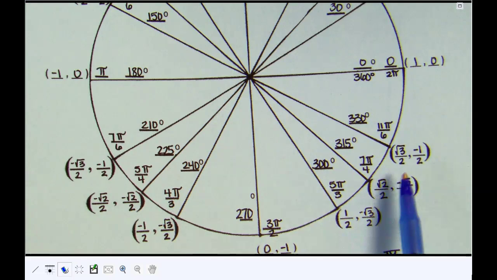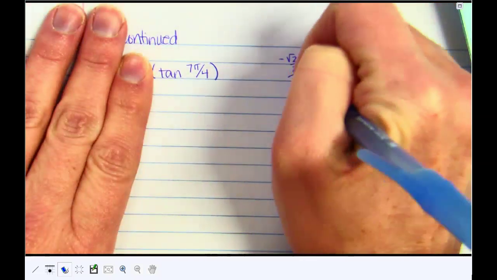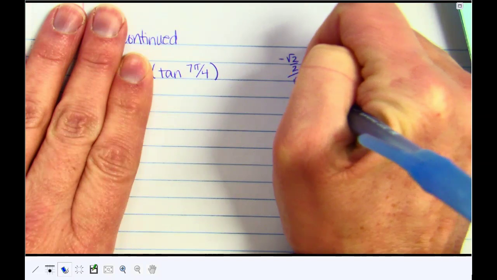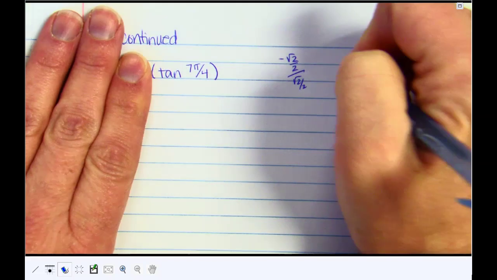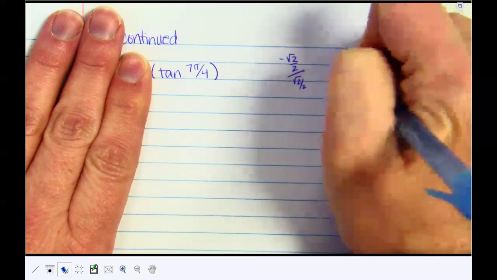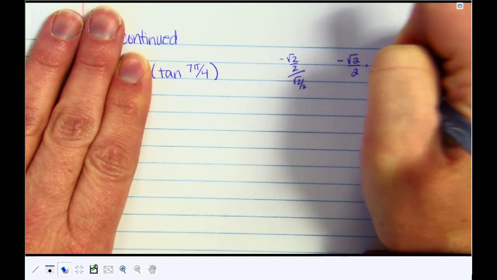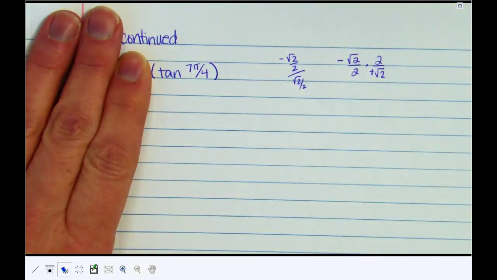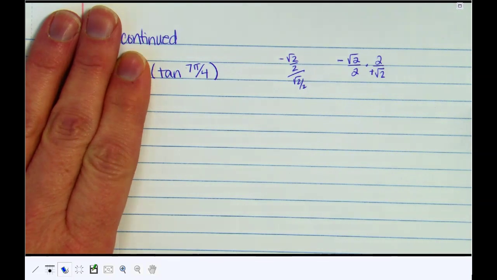Okay, so y over x at 7 pi over 4 is negative square root of 2 over 2 divided by positive square root of 2 over 2. Now, I gave you an easy one. If it wasn't easy, you would keep switch flip, and then you figure out what the tangent is, which is -1. You didn't need to do the keep switch flip because you can see that's the thing divided by itself.